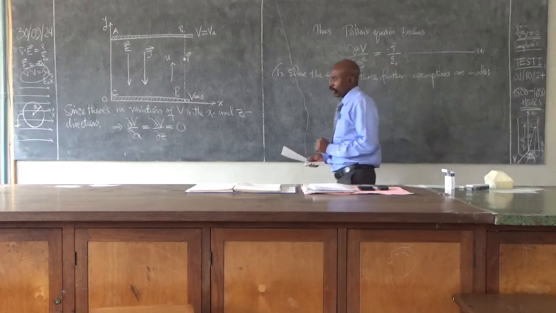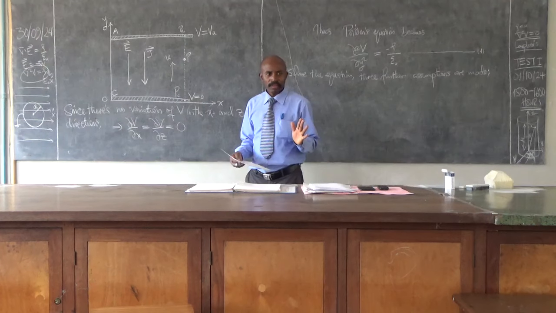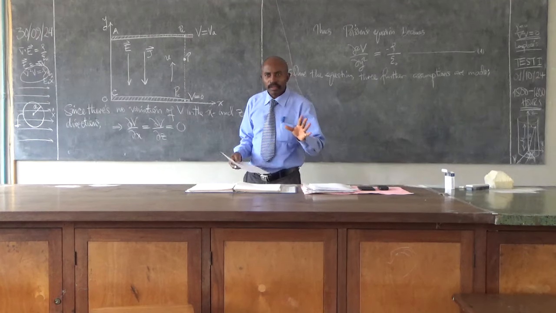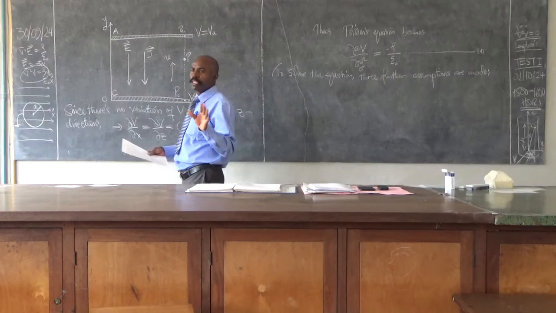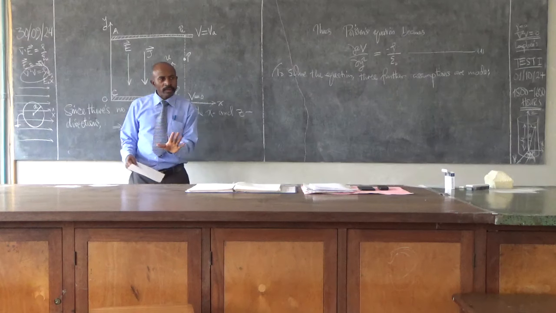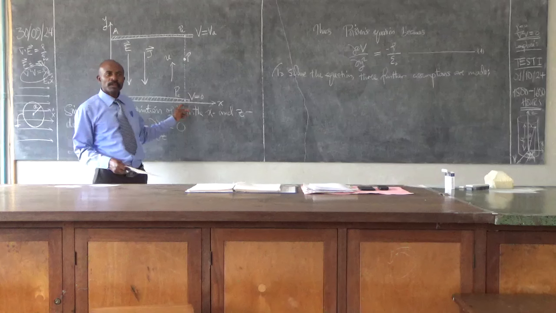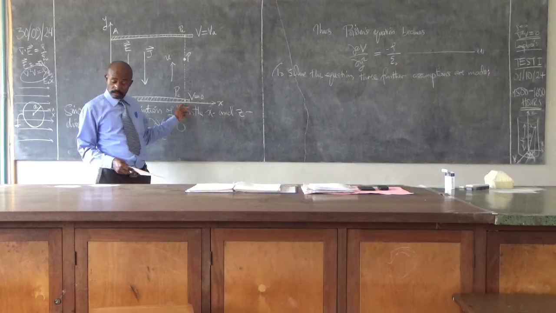We shouldn't expect any other charges, since it is a vacuum diode. Vacuum meaning that all the air is removed, everything is removed, and whatever remains are electrons that will be ejected from the cathode.